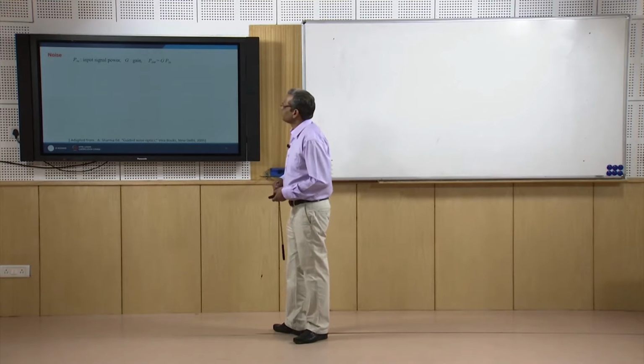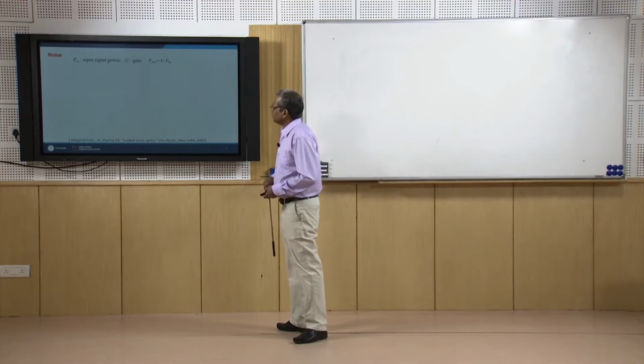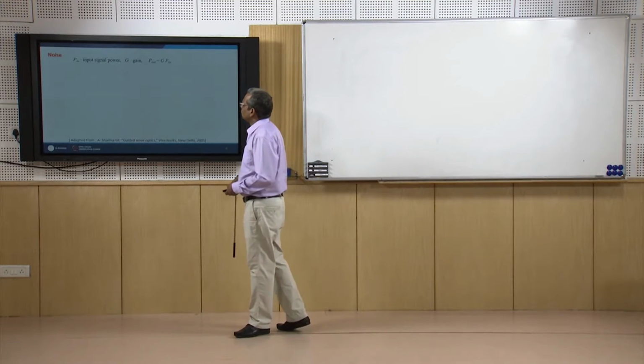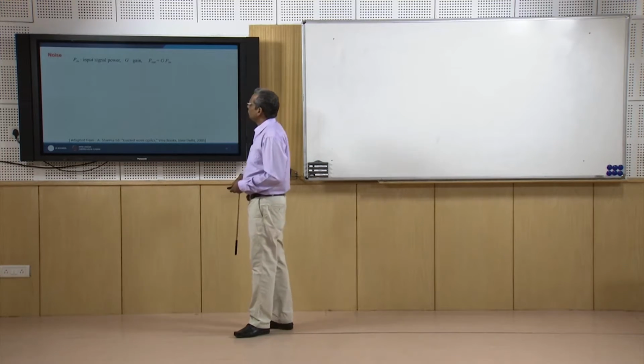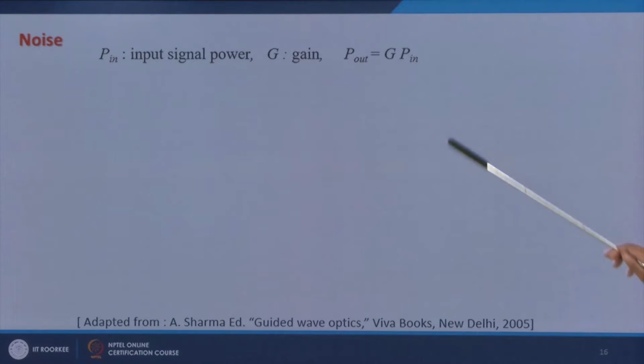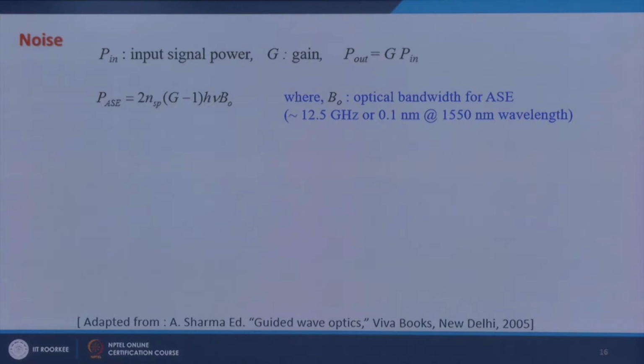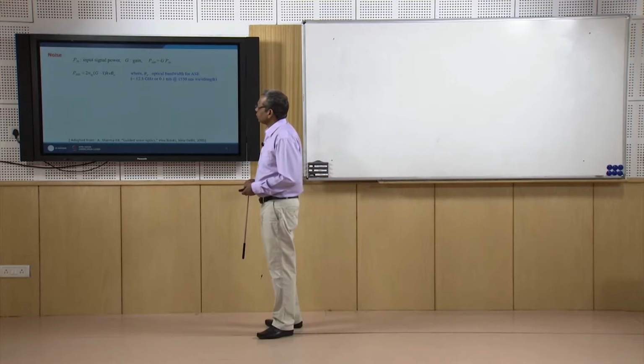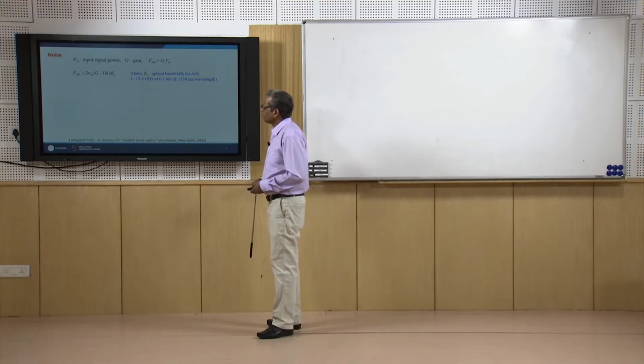For this, if P in is the input signal power and G is the gain of the amplifier, then P out is G times P in. Now our spontaneous emission also gets amplified.